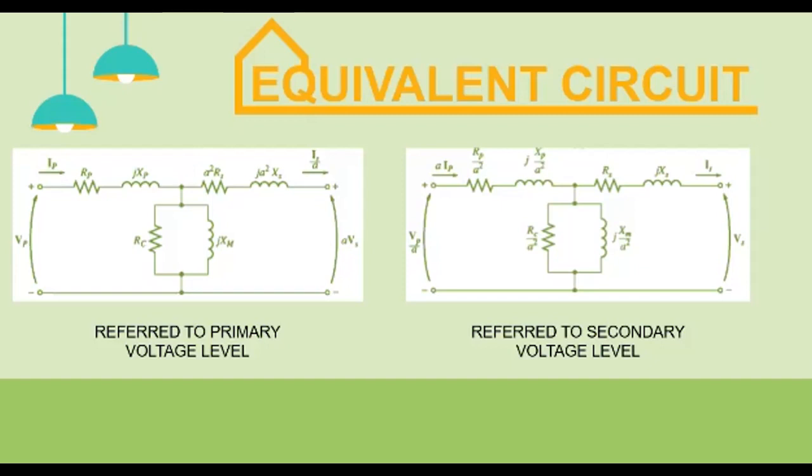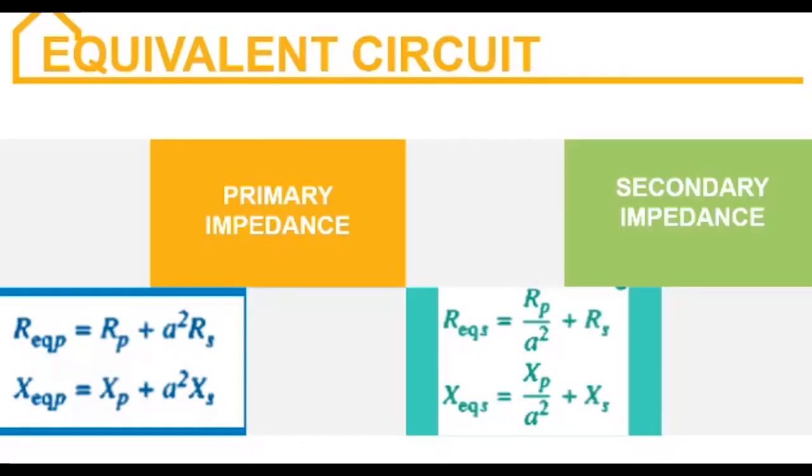For example, on the left side of the screen, the equivalent circuit is referred to the primary voltage level. On the right side of the screen, it is referred to the secondary voltage level. Also, in an equivalent circuit, there are impedances present. Impedance is a complex resistance, composed of a resistance and a reactance.